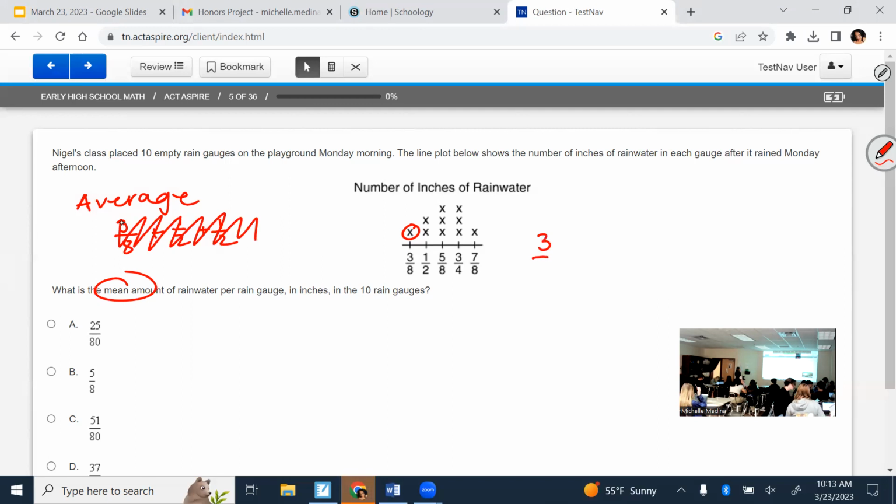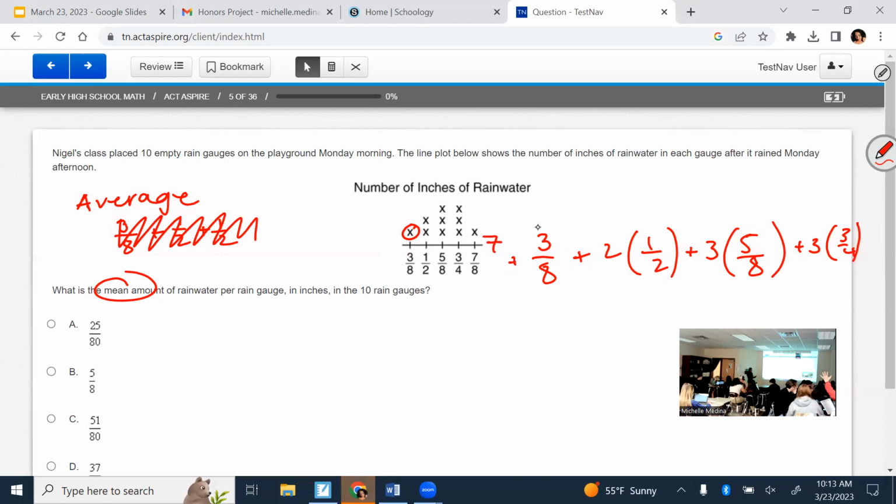At least for me. So there's 1 3/8, there's 2 1/2, so I'm gonna multiply that by 2. There's 3 5/8. I'm gonna multiply the 5/8 by 3. There's 3 3/4 and 1 7/8, which I'll just pop over there.